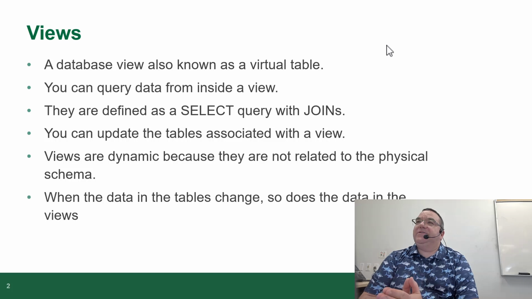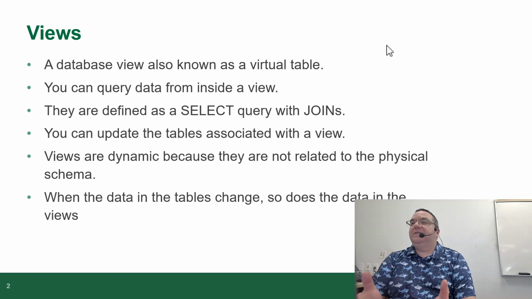You can think of a view as a bookmark. Essentially, you create a query and you give it a name and you store it in the database. Just like with a browser, you create a bookmark to a really long URL and you can call it whatever you want. And when you click on that bookmark, it brings up a complicated URL.